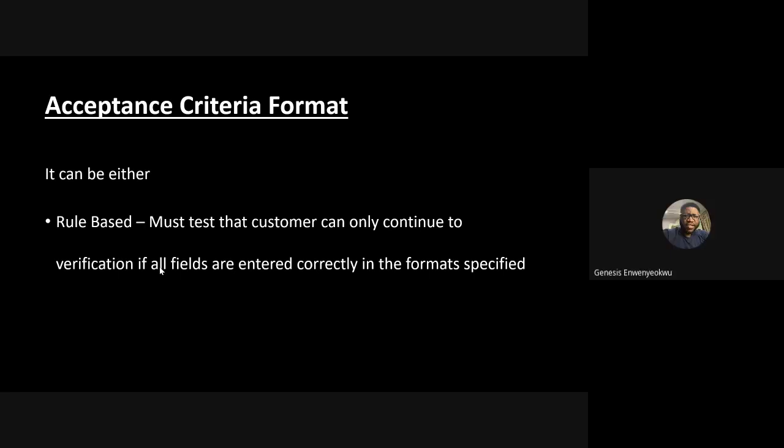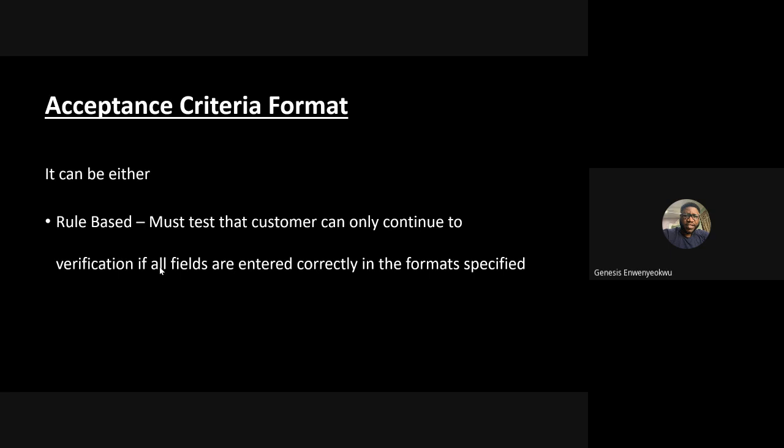The truth is that the criteria base, that's the Gherkin syntax, is more technical than the rule base, in terms of it requires you to have a very strong technique in writing it. If you don't have a great technique, you might mess it up, because you need to understand what should be the condition, what should be the action, and what should be the outcome in each of those acceptance criteria you're going to be writing.